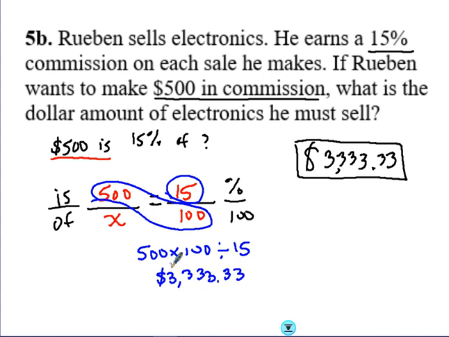So if I took 15% of $3,333, I'll get about $500. And so that's our process to know that Ruben, in this case, because he earns a 15% commission, needs to sell about $3,300 worth of products to make his $500.